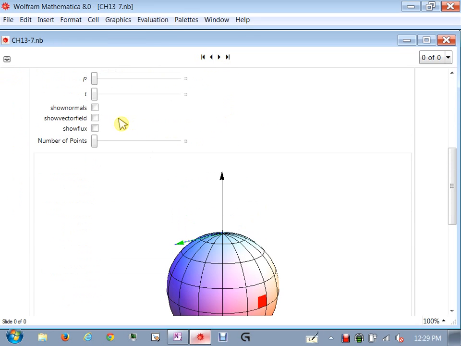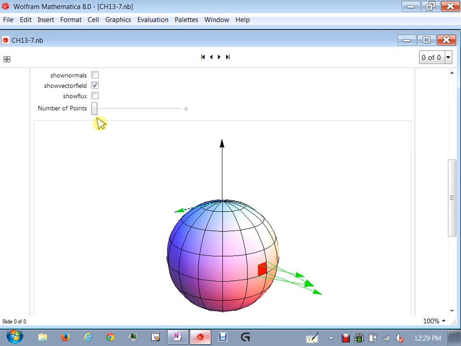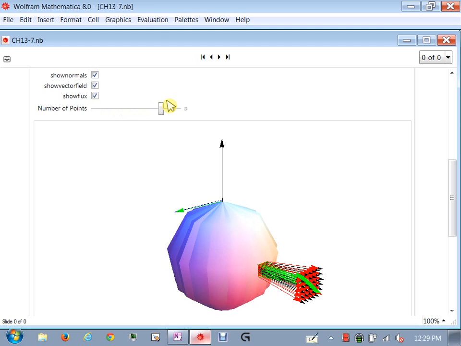Now imagine you have a vector field. And so at this little patch, at every point on that patch, there are vectors from the vector field. And so what we're going to try and do is compute some measurement of how much is coming out of that patch.